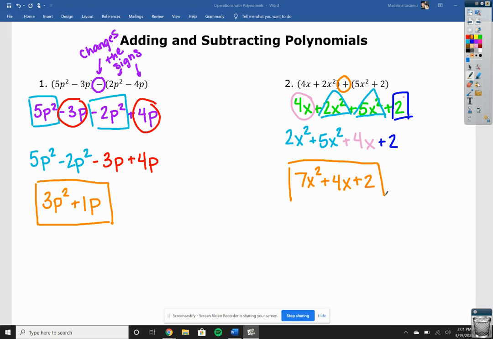And that will be our answer. So the big takeaway here, if there's a subtraction sign in between, remember to distribute that negative and change both of these signs. If there's a positive sign in between, so a plus, we don't have to change the parentheses at all.